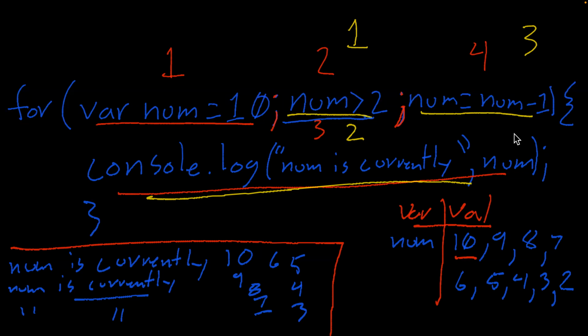So our variable, the one that we've declared here, the one that we're decreasing every time, we decrease it to a point where we can no longer qualify this check here.